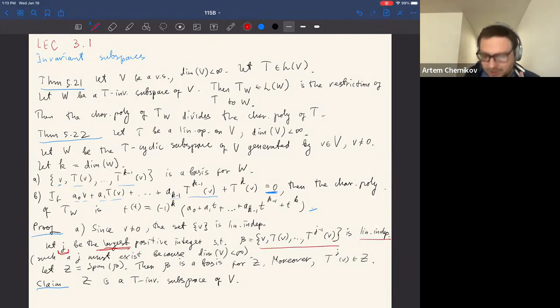If I try to add T^j(v) to it and it stays linearly independent, then J wouldn't have been the largest with that property, because J plus 1 would also have this property. That's the maximality of J. So adding T^j(v) to this set makes the whole set linearly dependent, but we know that the first vectors are linearly independent, so the new vector is in the span of them already.